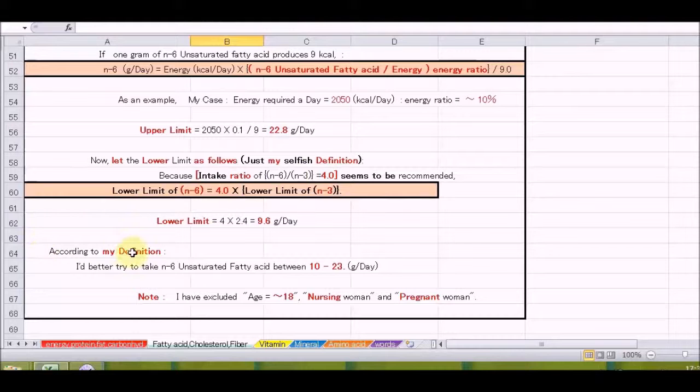And so according to my definition, I'd better try to take N6 unsaturated fatty acid 10 to 23 gram per day. Again, I have excluded age under 18, nursing women, and pregnant women.